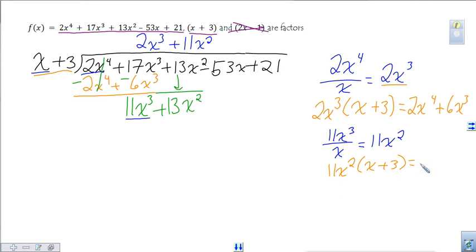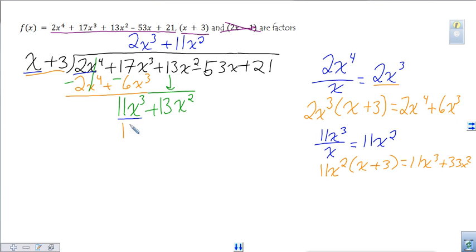And when you distribute that, you should get 11x to the third plus 33x squared. Everything should line up really, really nicely. First one should cancel out because we have to change our signs. 13 minus 33 is negative 20x squared. And then all over again.